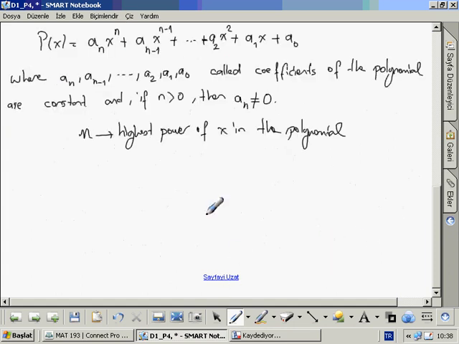And we can call it the degree of the polynomial.